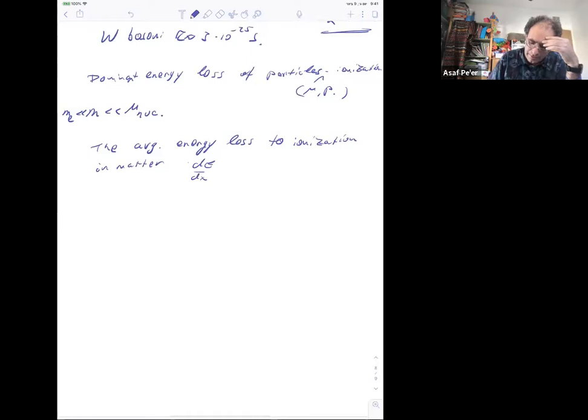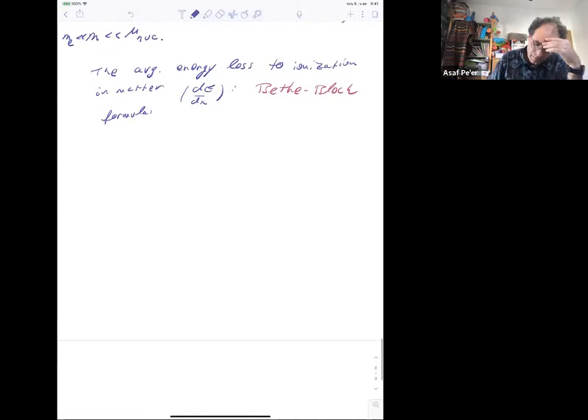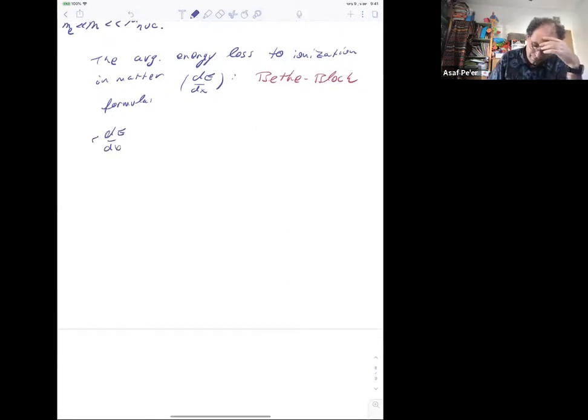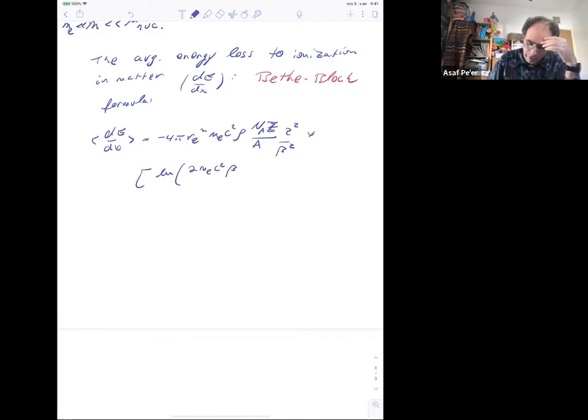So dE/dx is minus 4 pi r_e squared m_e c squared rho N_Avogadro Z over A, z squared over beta squared, times a logarithmic correction: the log of 2 m_e c squared beta squared gamma squared W_max divided by I squared, minus 2 beta squared, minus delta(beta gamma) over 2.